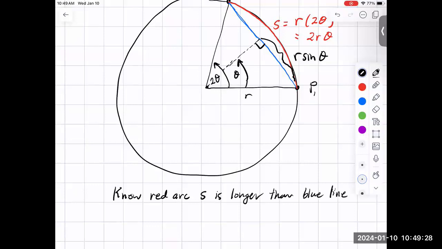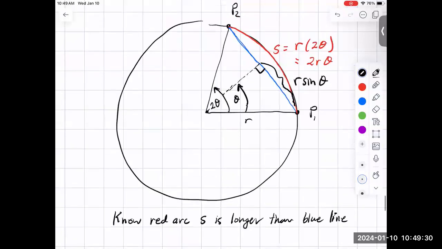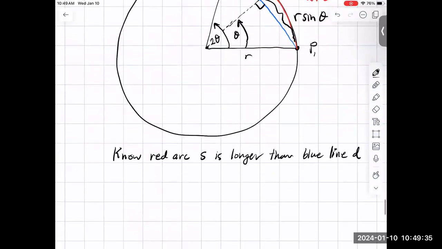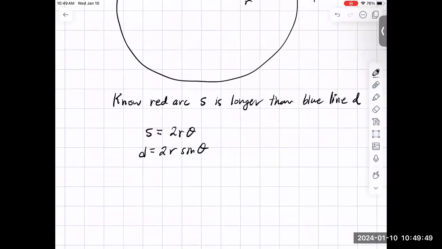And let me say the blue line has, I don't know, we'll call it a length D. So S is 2r theta, and D is 2 times r sine theta. So what that means then is that S is greater than D. That really means that sine theta is less than theta.